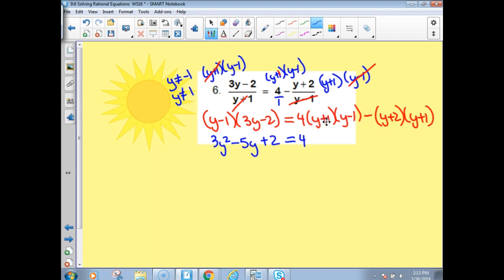I'm going to multiply out y plus 1 and y minus 1, which would be y squared minus 1. Middle terms drop because they're a conjugate pair. Last, I'm going to keep that minus sign and a parenthesis, and I'm going to distribute this out. y squared plus y plus 2y would be plus 3y, and then 2 times 1 is plus 2.